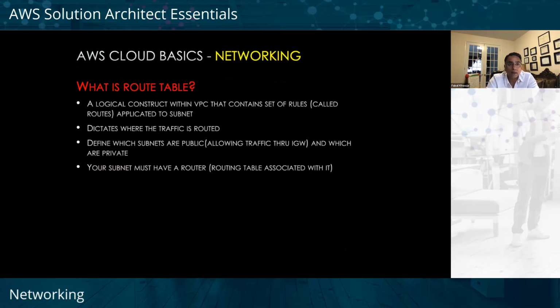All right. What is a routing table? A routing table is a logical construct within a VPC that contains a set of rules, called routes, applied to a subnet. Again, in my example, remember when traffic from the internet gateway is coming in and you have the IP address of 192.168.1.0, for example, which IP address should I translate it to? This is where the routing table comes in.